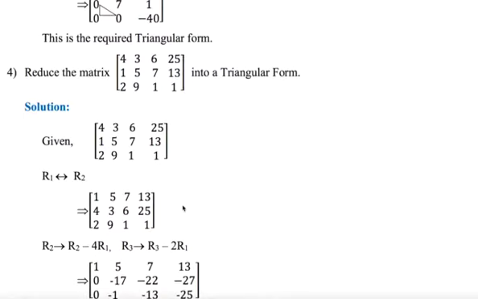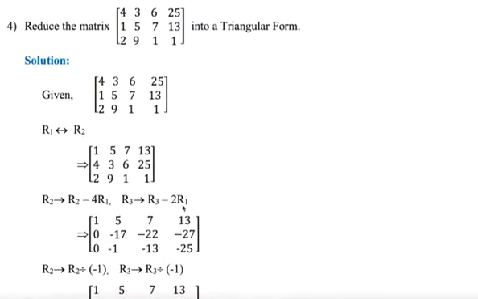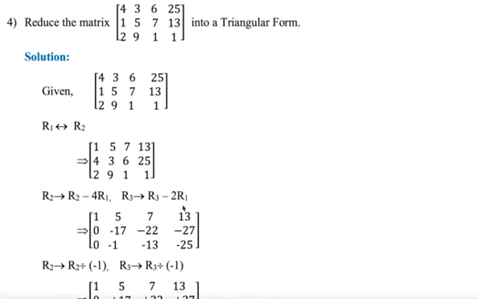Now reduce this matrix into triangular form. Okay, right. R1 and R2 are interchanged. Why are they interchanged? Because 1 is good enough to have in the first row, so that the reduction becomes easier.